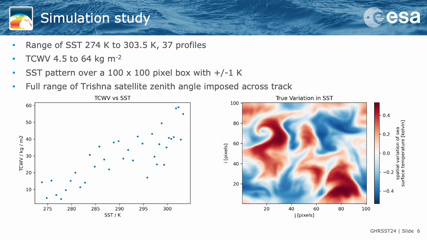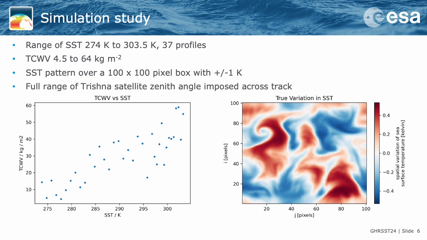And the true variation in SST that is applied relative to the scene mean temperature for every profile is shown in the lower right-hand plot. So we'll be looking at how different forms of retrieval capture this variability. And this variability has a range between minus 0.5 degrees and plus 5 degrees.